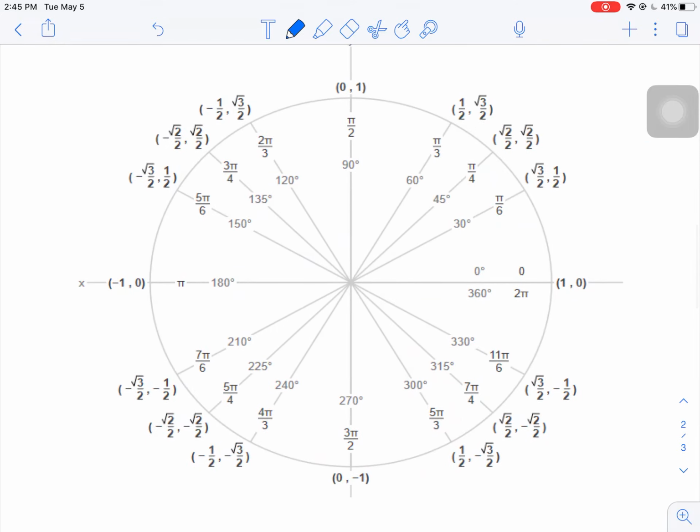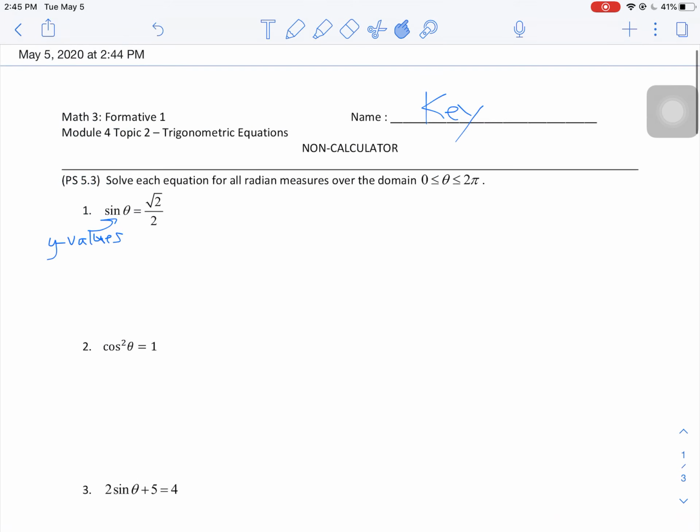So that happens at pi over 4, and that happens at 3 pi over 4, and that should be it. So pi over 4 and 3 pi over 4 are our answers. Theta equals pi over 4, theta equals 3 pi over 4. So 2 answers.